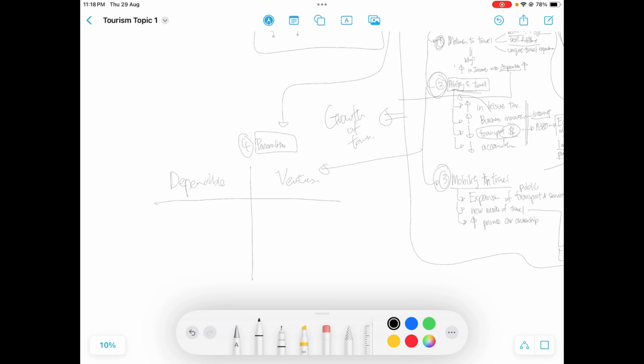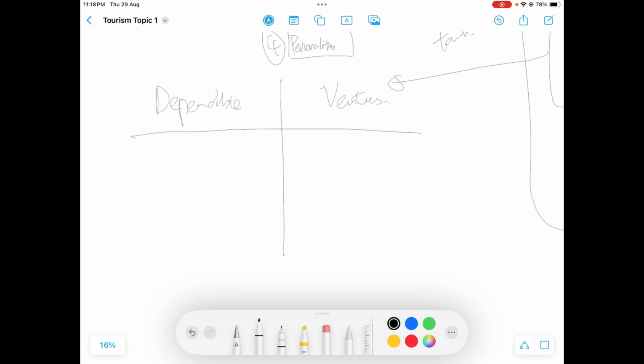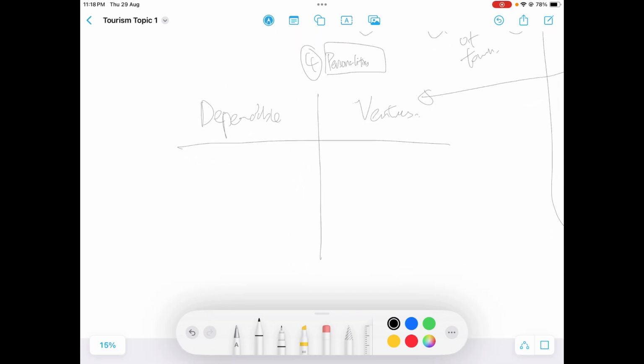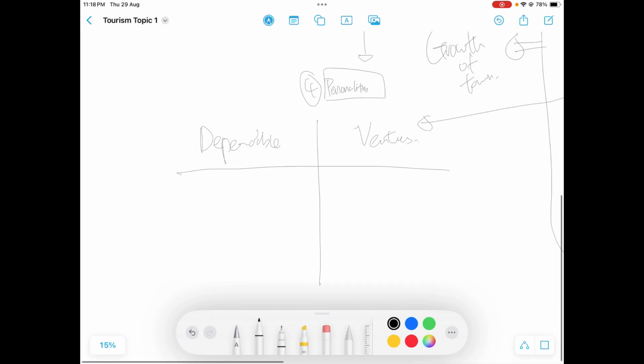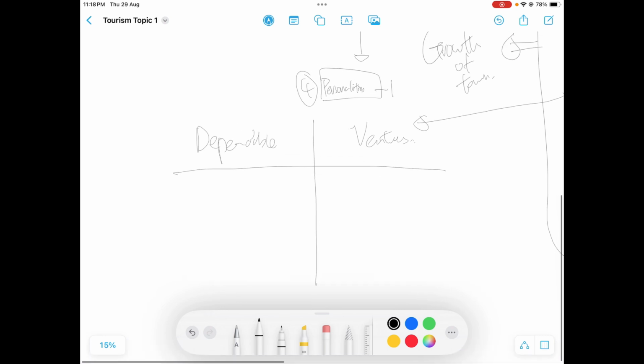Dependables and venturers are very different, in the sense that these are a spectrum of personality characteristics. Of course, personalities may determine how a person travels, and this affects the demand of tourism, so everyone please write it down. First, the spending pattern.